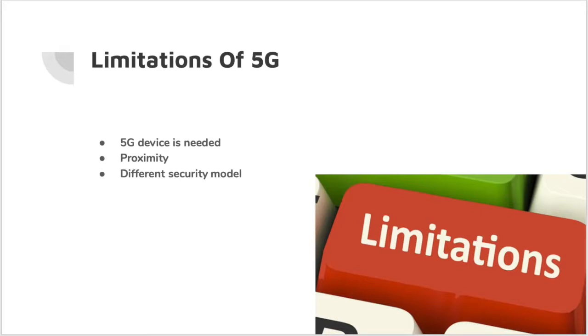So, IoT businesses will need to investigate the 5G coverage map, which will change a lot from their perspective. Finally, 5G will have a different security model than 3G and 4G, as it will include new security capabilities.